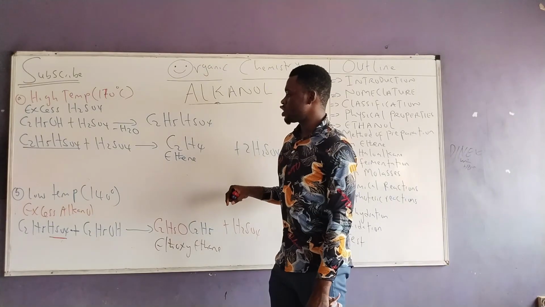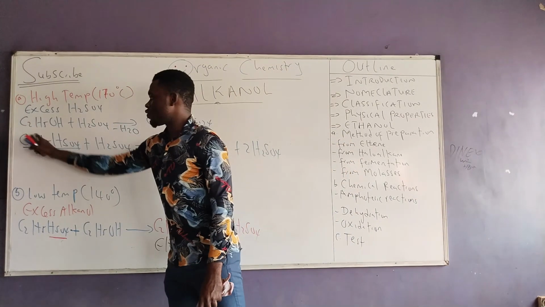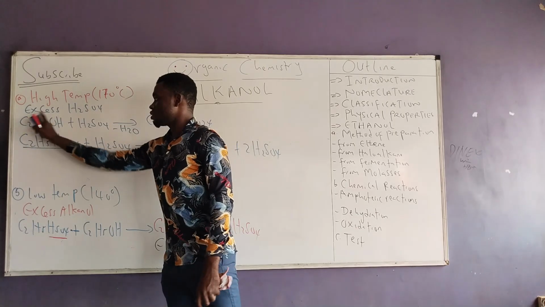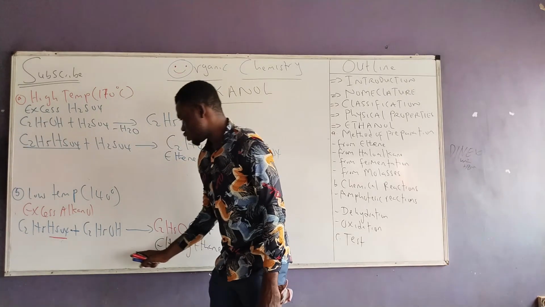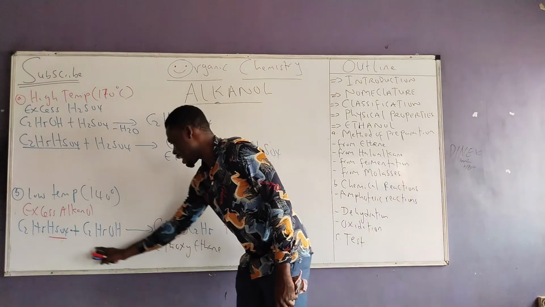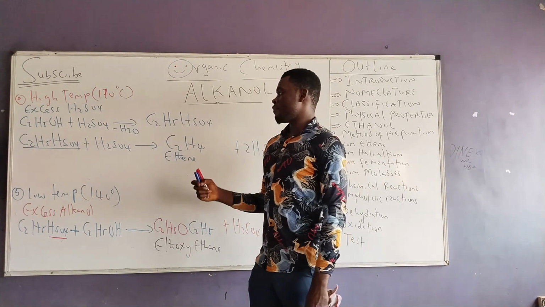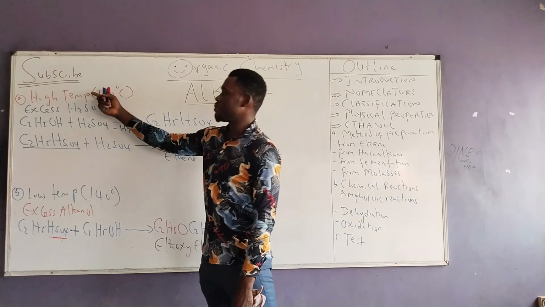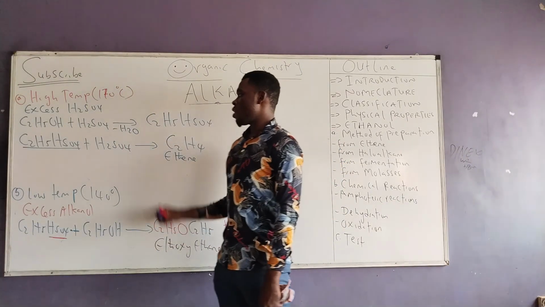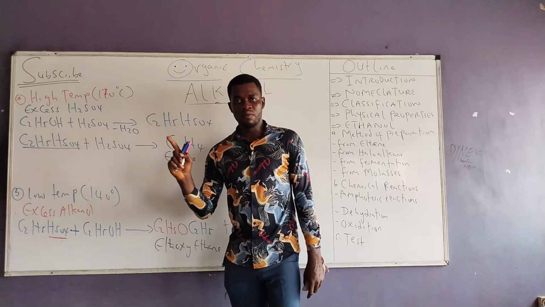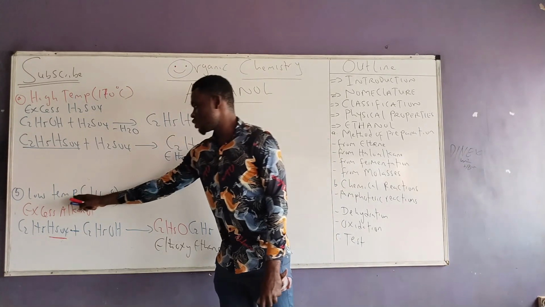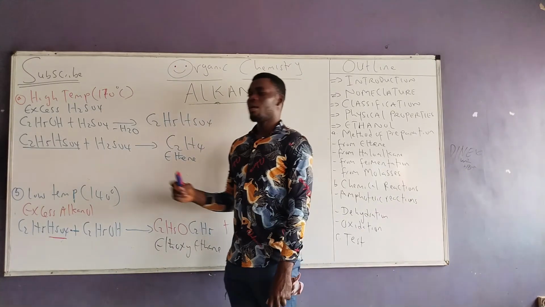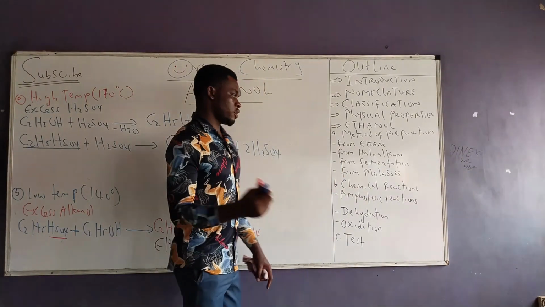I have 1 ethanol from the first reaction, then do I also have another ethanol here? I have another ethanol here, so 2 moles of ethanol. So I'm forming 1 mole of water from 2 moles of ethanol. So under high temperature, excess acid, I will form 1 mole of water from 1 mole of ethanol. Under low temperature, excess alkanol, I will form the same 1 mole of water, but from 2 moles of ethanol.